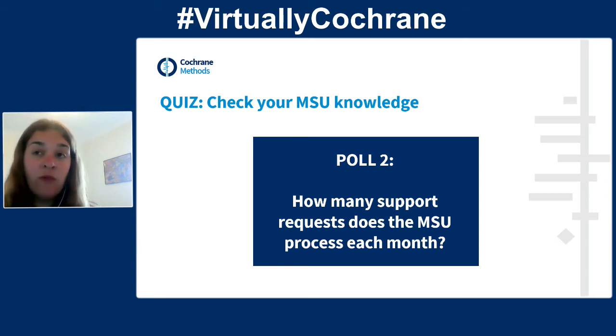And we tend to see more reviews than protocols. And the majority of methods that we seem to have had queries on is Risk of Bias 2. So we were very involved with the pilot, network meta-analysis, and the inclusion of non-randomized studies of interventions as well. So there are three most commonly asked queries or peer review requests.